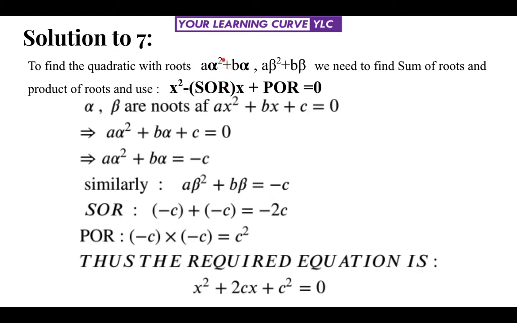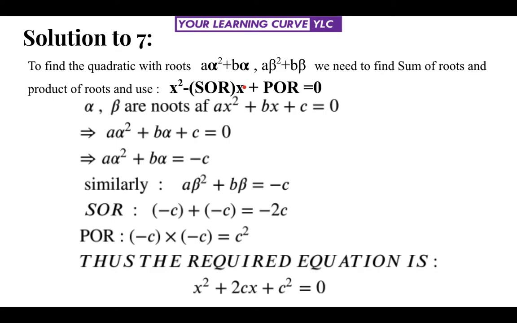Since alpha is the root of this equation, a alpha square plus b alpha plus c equal to 0, this alpha must satisfy this. Here we see this expression a alpha square plus b alpha. So from this we deduce that a alpha square plus b alpha is equal to minus c. Similarly, a beta square plus b beta is also equal to minus c.